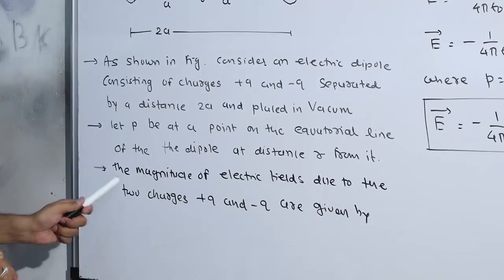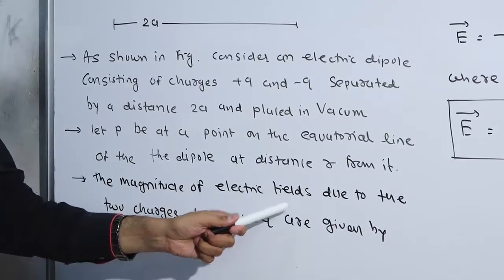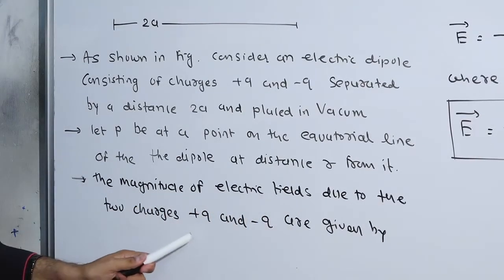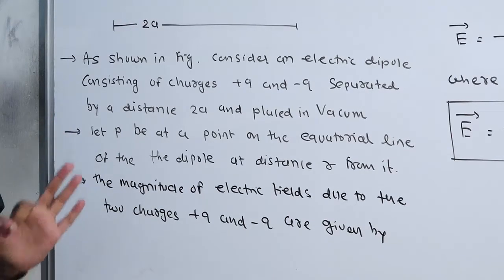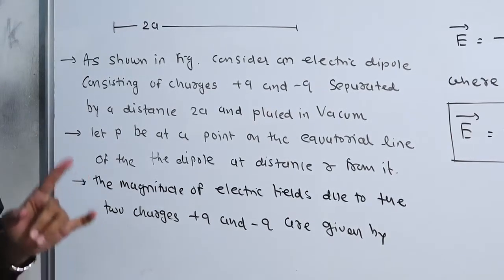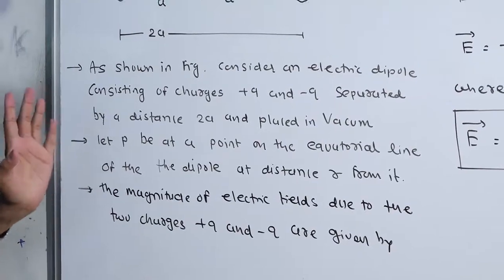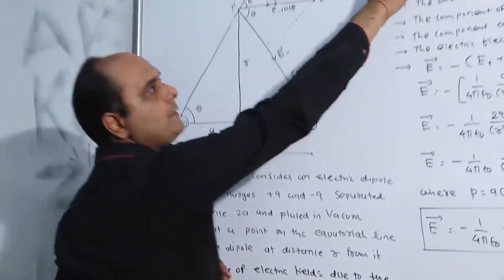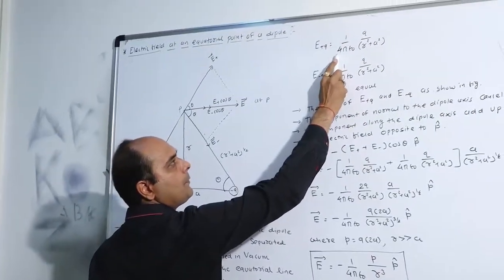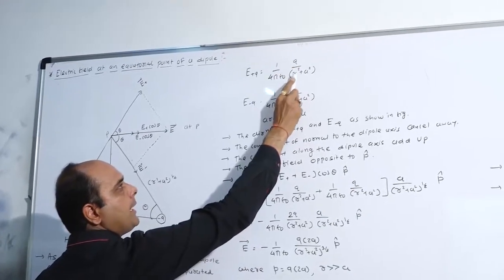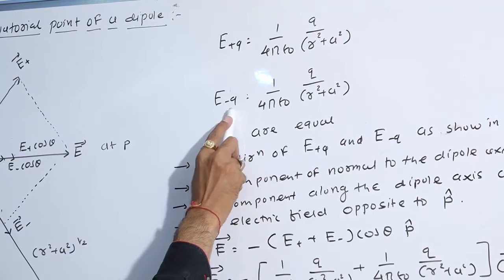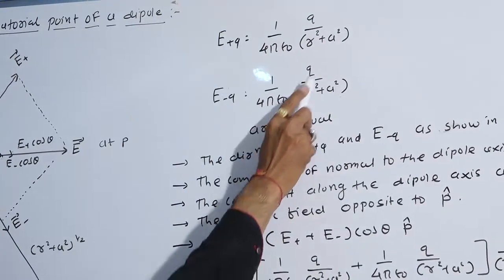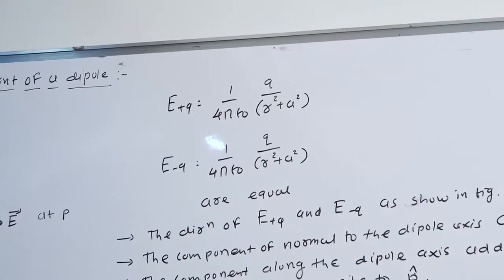Okay. Now the magnitude of the electric field due to positive charge and due to minus q charge. The magnitude of the electric field due to plus q charge and minus q charge is given by: E plus q is equal to 1 upon 4 pi epsilon 0 q upon (r square plus a square), and E minus q is equal to 1 upon 4 pi epsilon 0 q upon (r square plus a square).